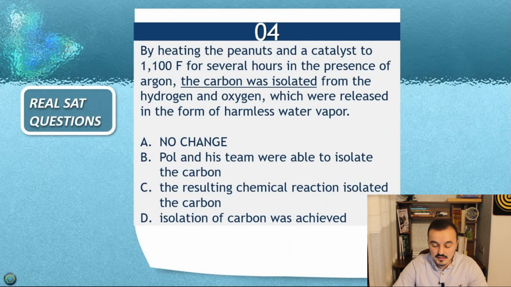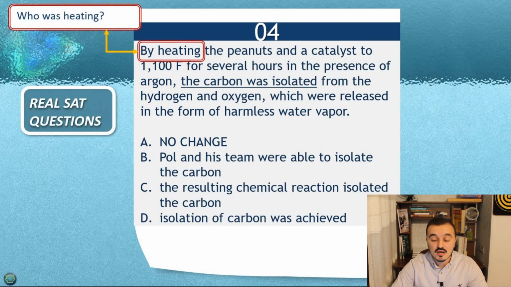By heating the peanuts and the catalyst to 11 Fahrenheit for several hours in the presence of argon, the carbon was isolated from the hydrogen and oxygen, which were released in the form of harmless water vapor. So the first step I have to do is ask myself, by heating, who was heating? Obviously a person was heating something.